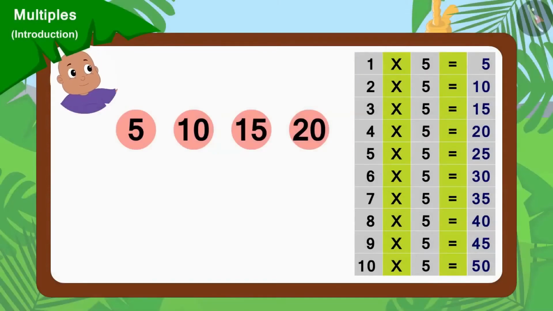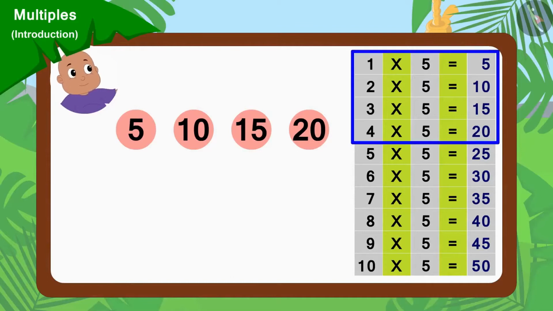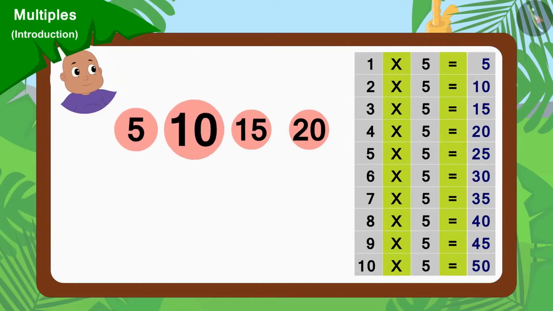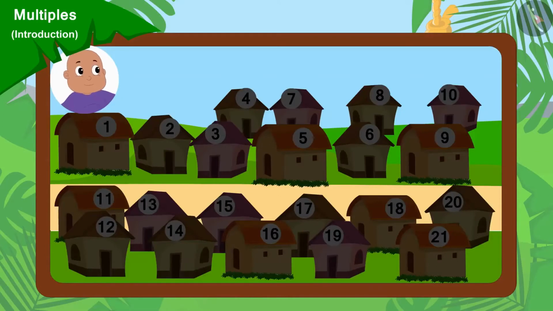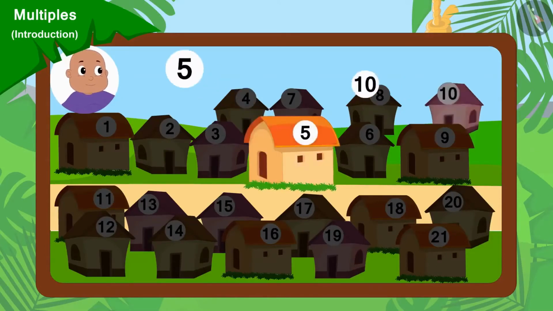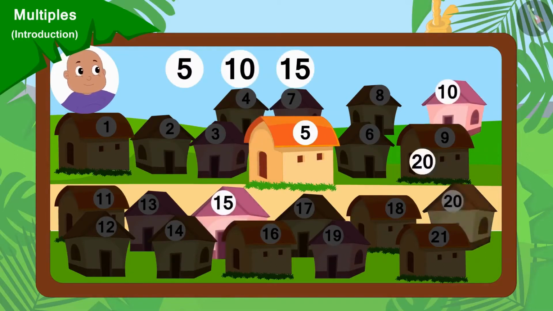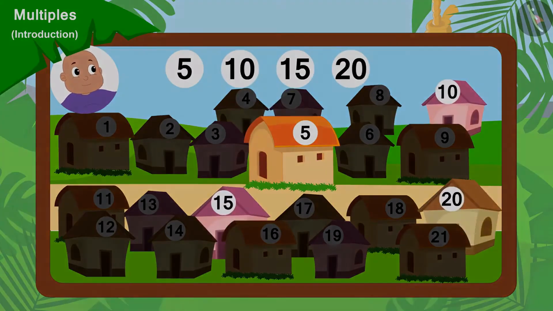Well done children, your answer is absolutely correct. We can find multiples of 5 in this way with the help of the multiplication table of 5. Bablu will go to collect donations from houses 5, 10, 15 and 20.